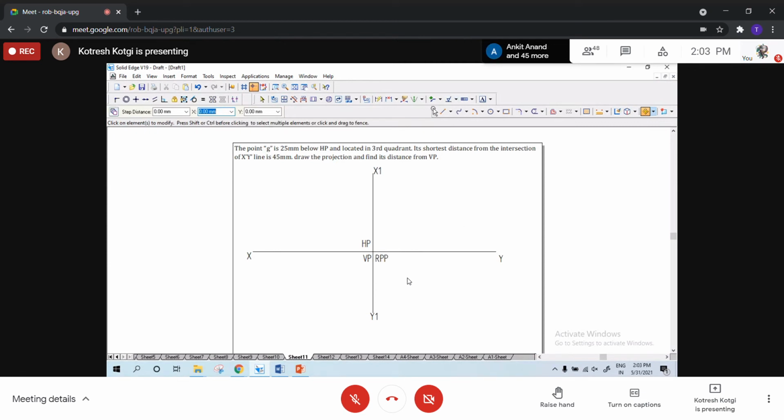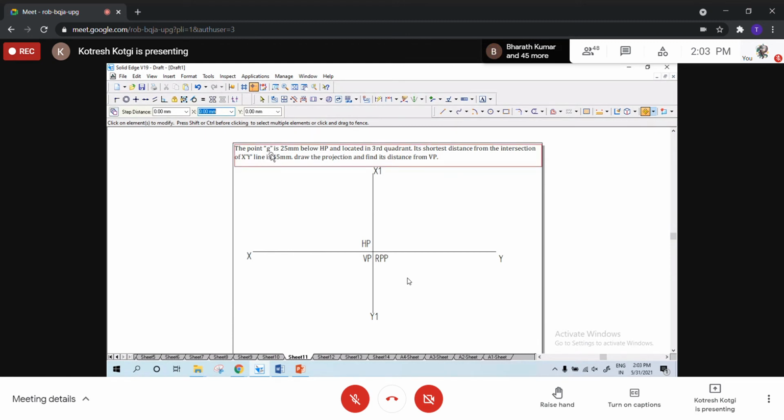Just check it and let me know if there are any mistakes. I've written RPP, which means the third quadrant. On RPP, which side view? Right side view. Third quadrant, RPP, on RPP it is the right side view. I'm solving for the right side view.